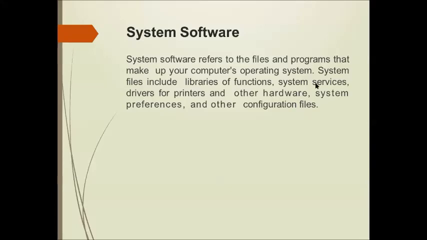The system files include the libraries of functions, the system services, drivers for printers and other hardware, system preferences, and other configuration files. Parang useless ang computer pag wala itong mga ito, the system software.